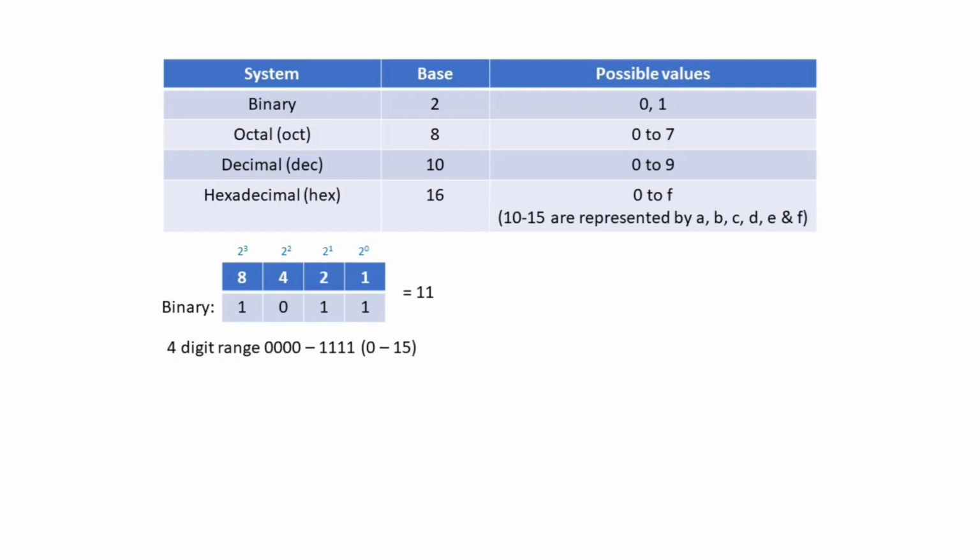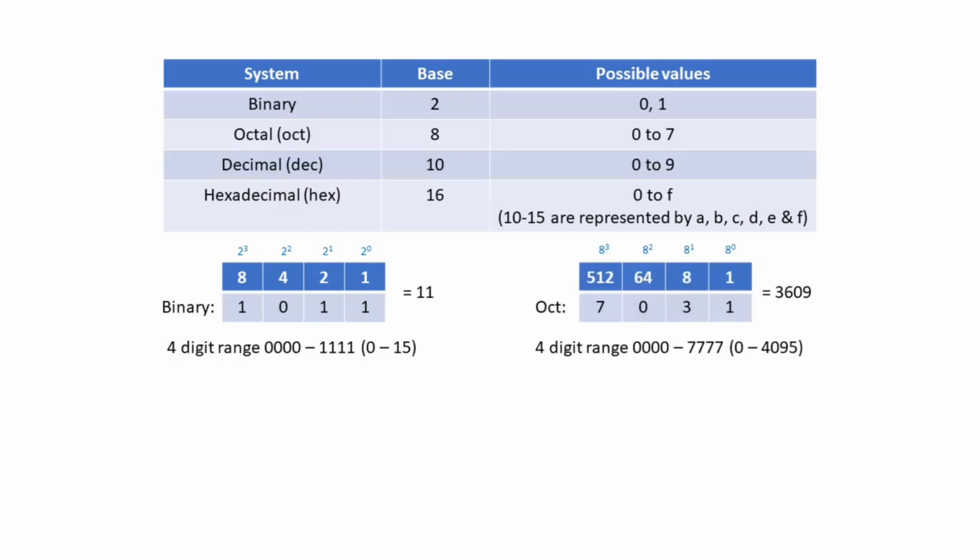In binary, we raise 2, because it's base 2, to the 4th power, and we get 16 different numbers that can be represented using these 4 digits. Remembering that 0 counts as a possible number, that would give us a range of 0 to 1111, or 0 through 15. In octal, raise the base 8 to the 4th power and get 4096 possible numbers.